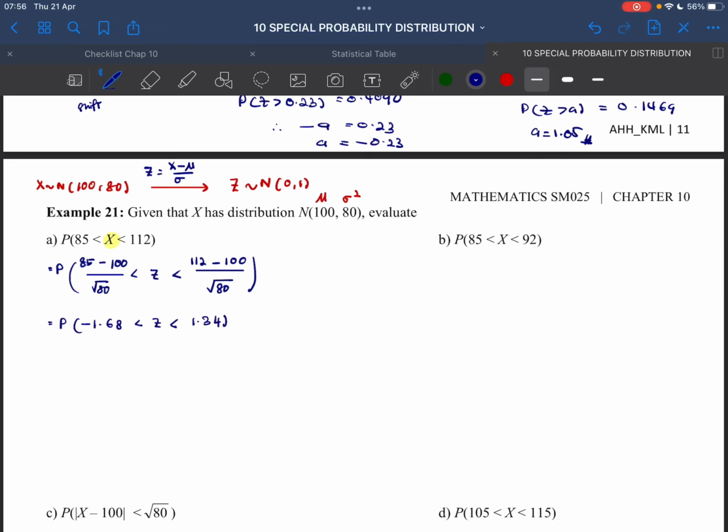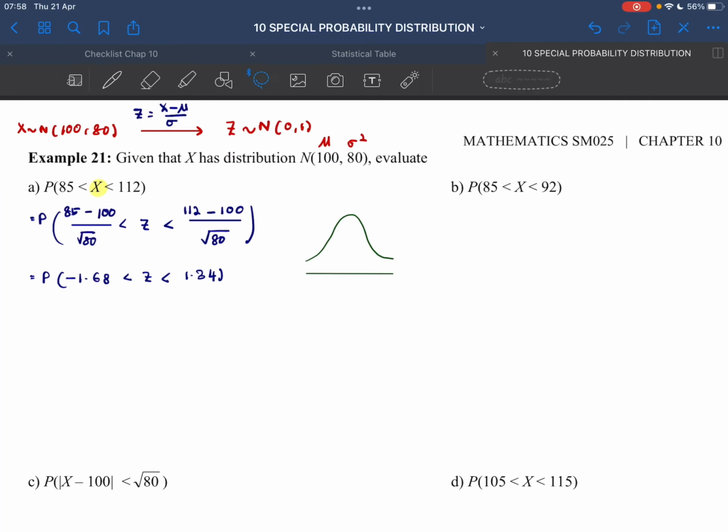From now on, it is the same thing as what we did in the previous example: we just draw the bell shape and proceed just like before. Here we have Z between negative 1.68 and 1.34. Here is your 0 in the middle, negative 1.68 is here, and 1.34 is here. The probability that you want is in the middle.